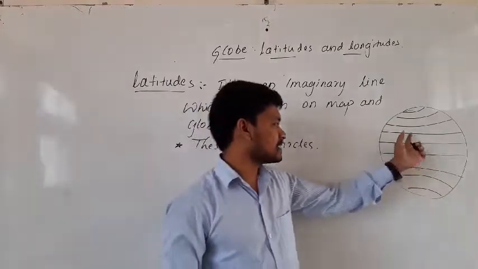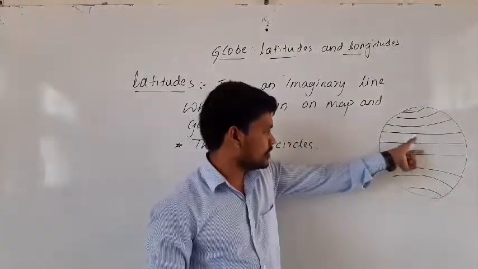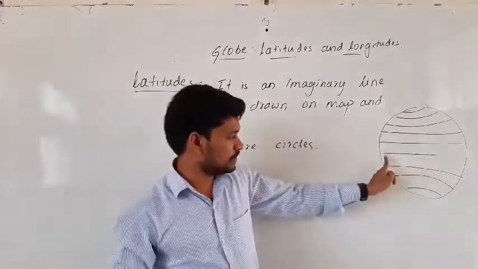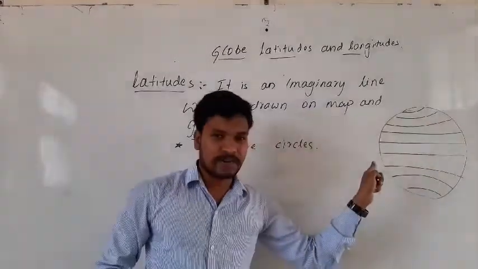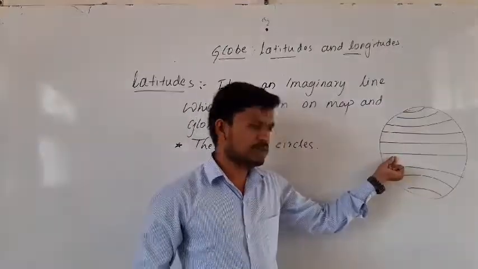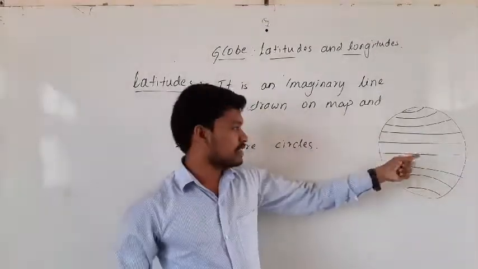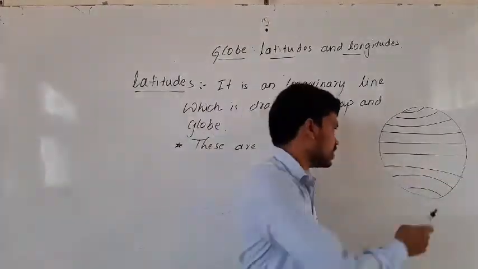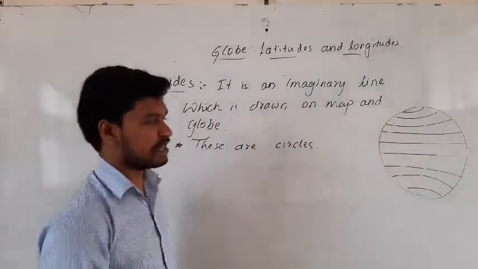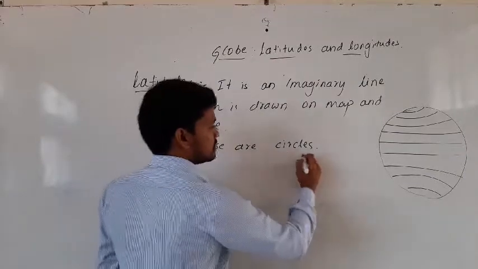It will not be touched, connected or joined with any other lines. Once you start to draw from here, after completing one complete round, it will come to the same point, but it will not be connected with any other line or latitude. This is called a circle. It's a complete circle because it's not joined with anything. So they are called circles.